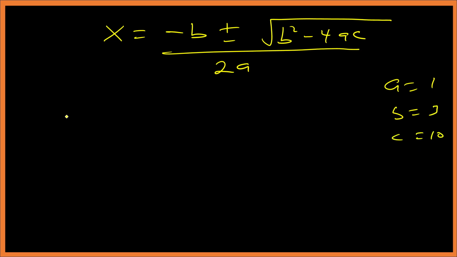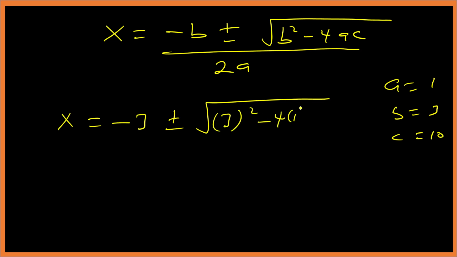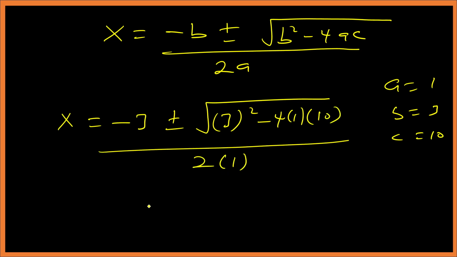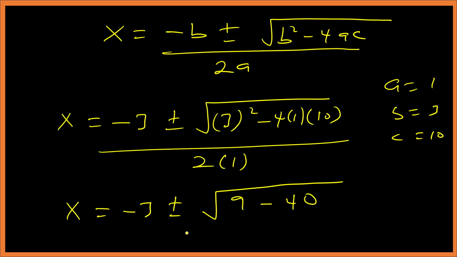So let's do the substitution. x equals minus b, so minus 3, plus or minus square root of 3 squared minus 4 times 1 times 10, over 2 times 1. So minus 3 plus or minus, 3 squared here will be 9 minus 40, over 2.